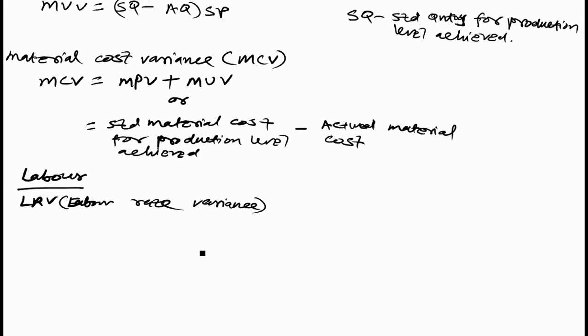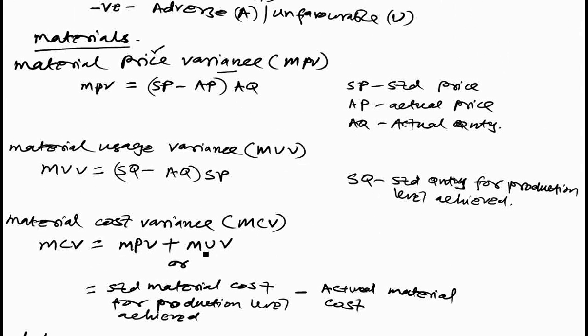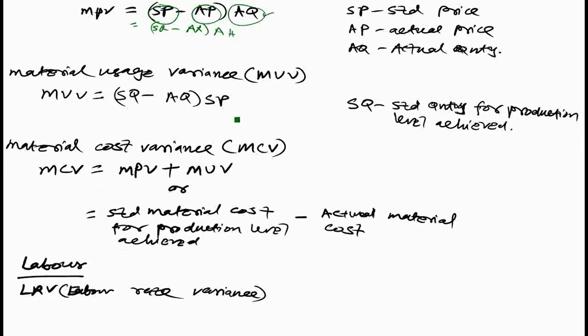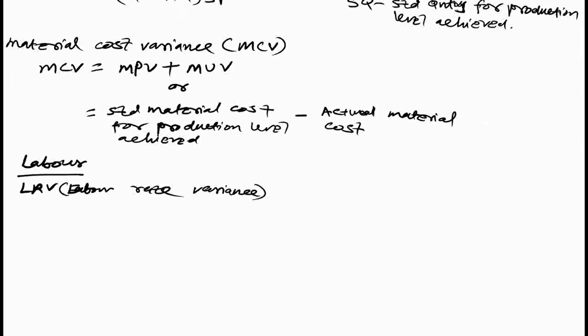It is derived from material price variance. So it will be equal to, instead of standard price, standard rate, minus, instead of actual price, actual rate, into, since we work in terms of hours, not quantity, actual hours. So that is the formula: standard rate minus actual rate into actual hours.